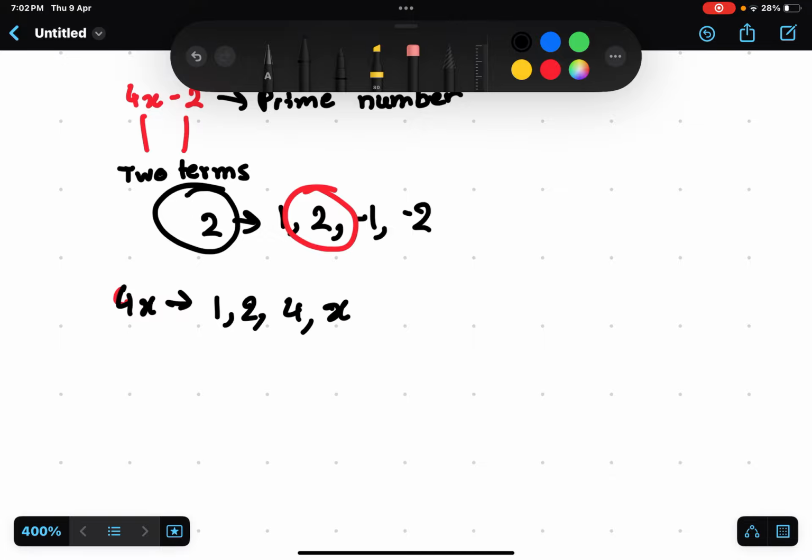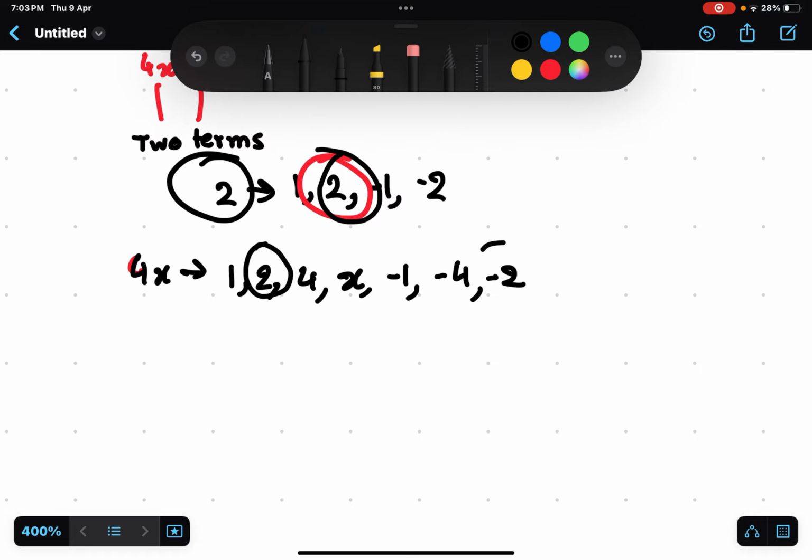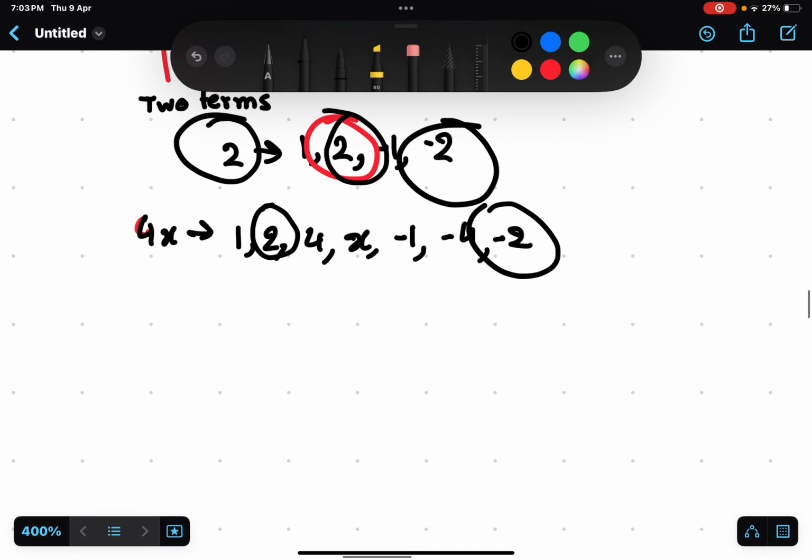Of course it has also got negative factors, but right now we can see that there are common positive factors, so I'm going to pick the positive factor. Now it is completely okay if we do use the negative one, but I will show you what happens. Let's say you take negative 2 as the common factor.